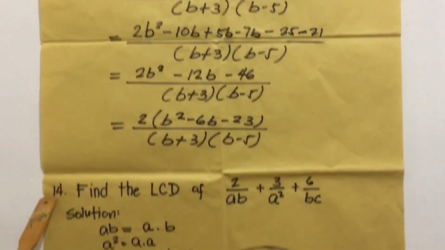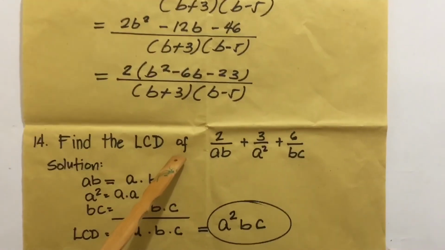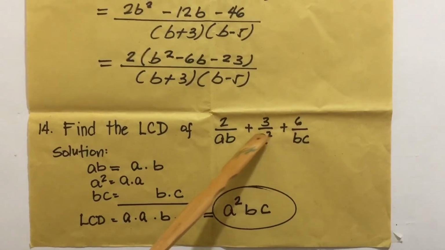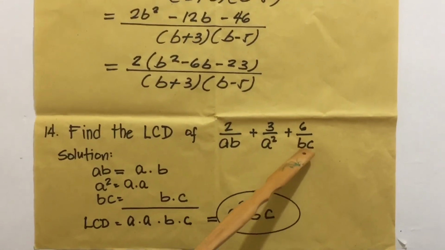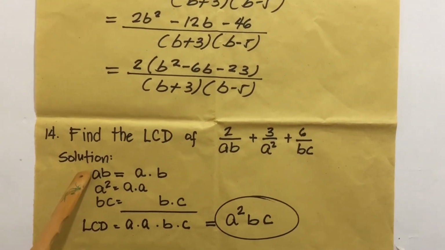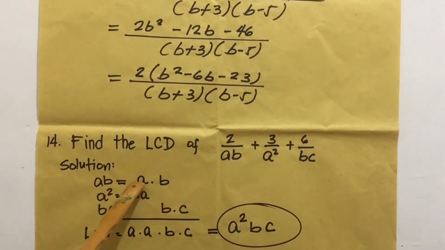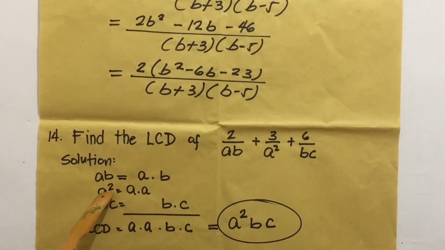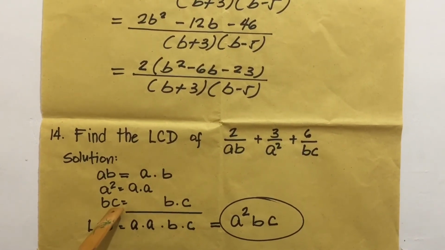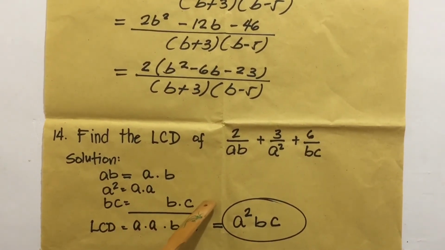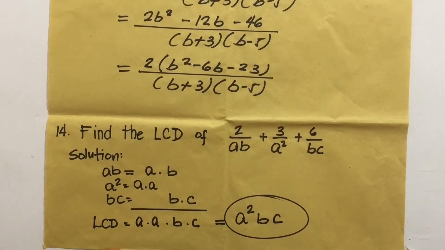Next, number 14. Find the LCD of 2 over AB plus 3 over A squared plus 6 over BC. Our solution, we have to factor first. The factor of AB is A times B, the factor of A squared is A times A, and the factor of BC is B times C. Then we have to get our LCD now.